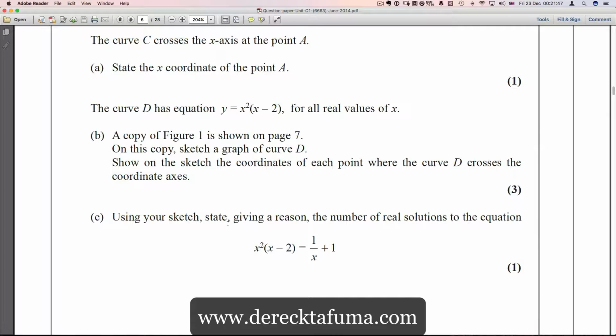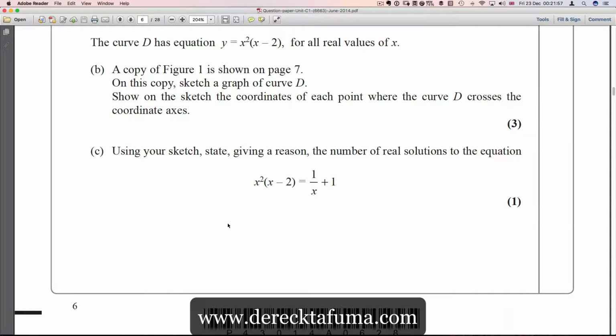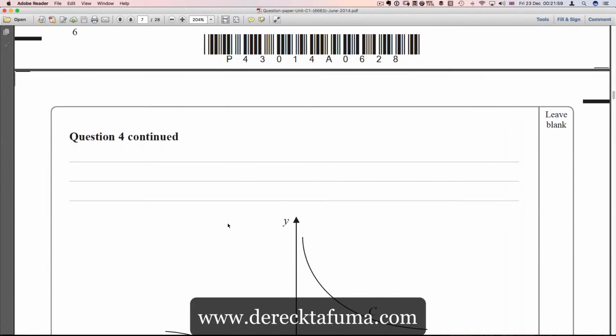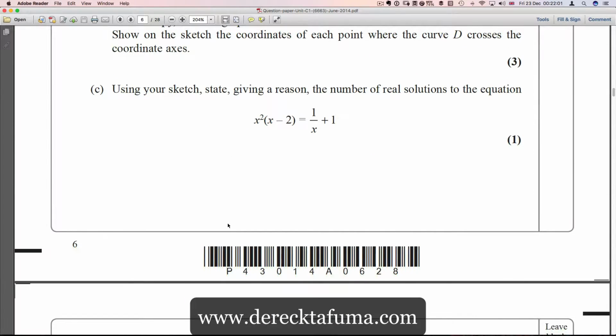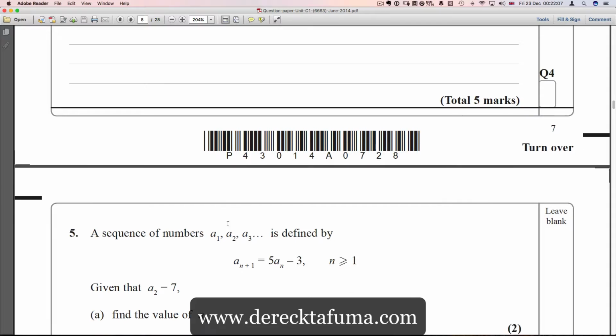Show on the sketch the coordinates of each point where D crosses the coordinate axis. Using your sketch, state with a reason the number of real solutions to the equation x squared (x minus 2) equals 1 over x plus x.